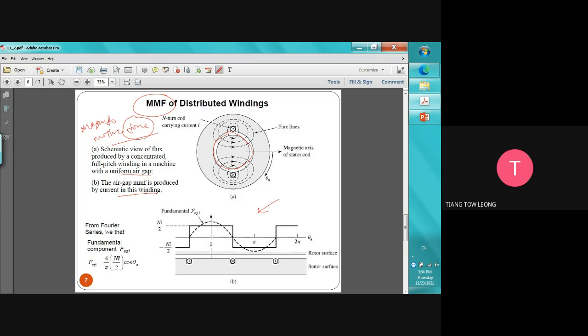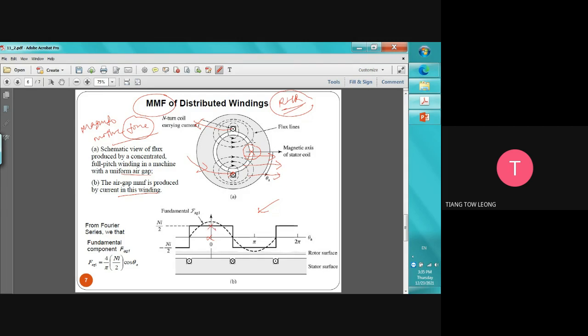From the zero position, it would be the maximum of the MMF, because when we use the right hand rule and inject the current, this one goes in, this one goes out. Our thumb will point this way, which means this is the highest value of the force. So we will put it as this one.